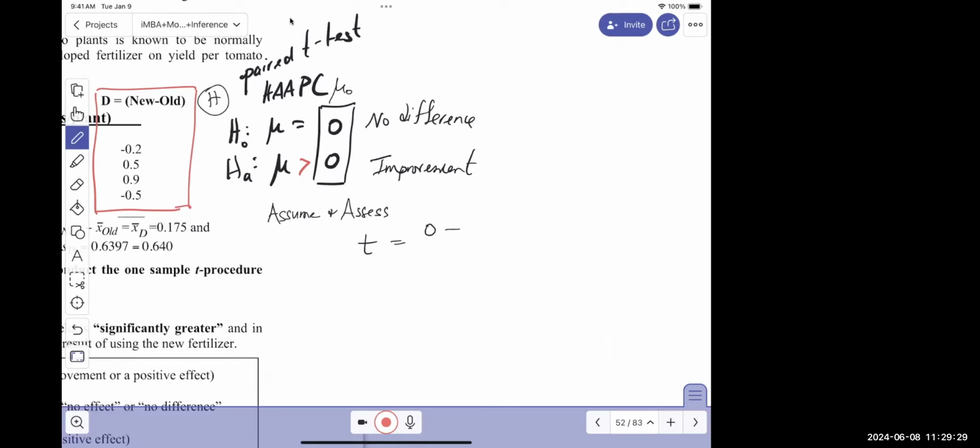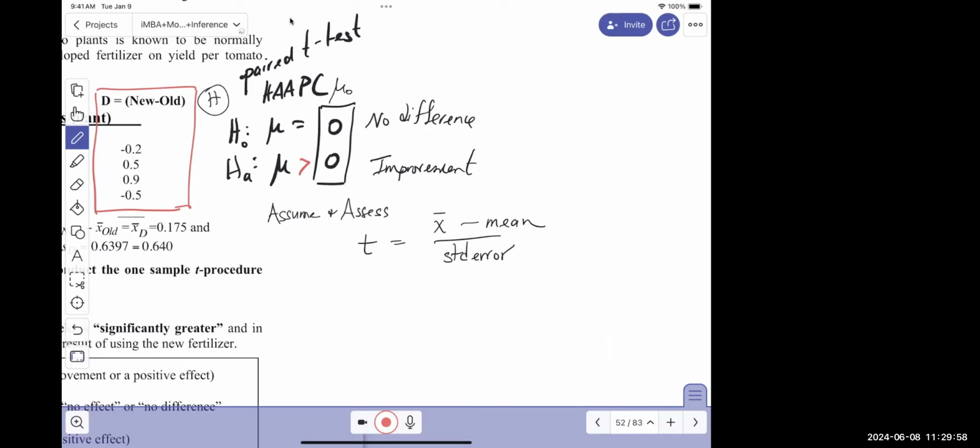I'm going to take 0 minus the mean, divide by the standard error. No, I did that wrong. Did that backwards, sorry. I'm going to take the result of the sample, I'm going to assess with the mean and divide by the standard error. Okay.